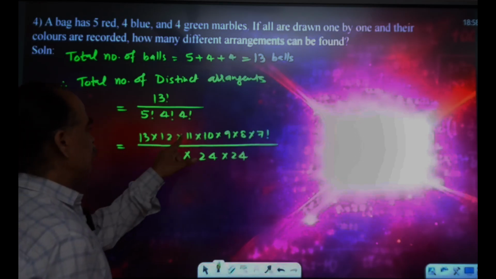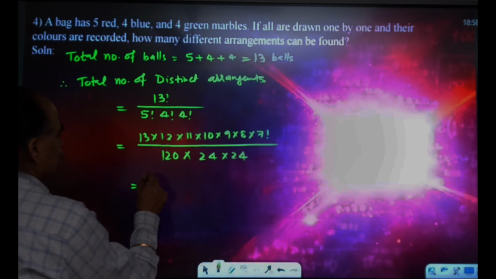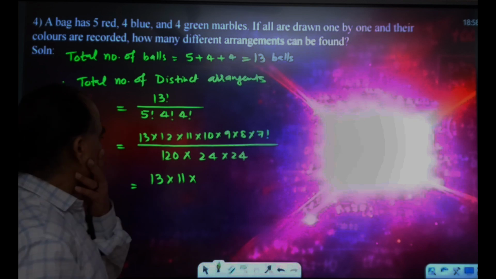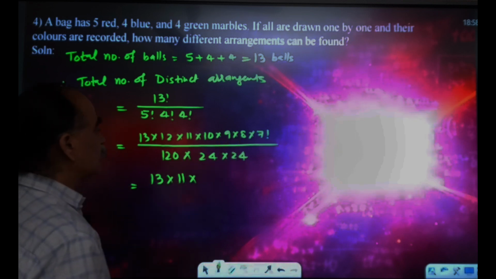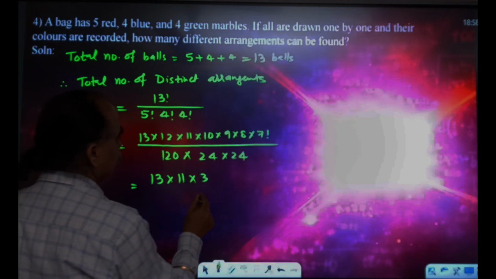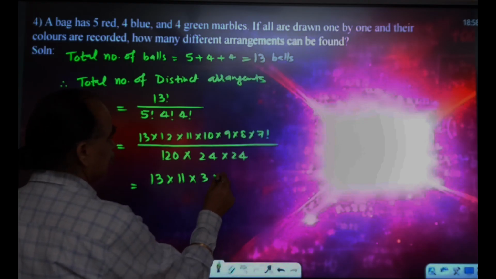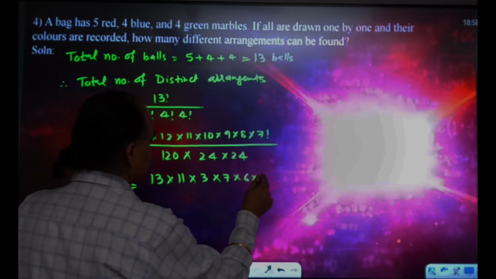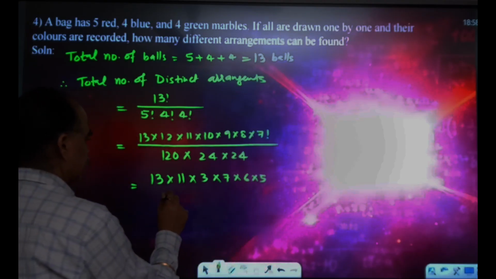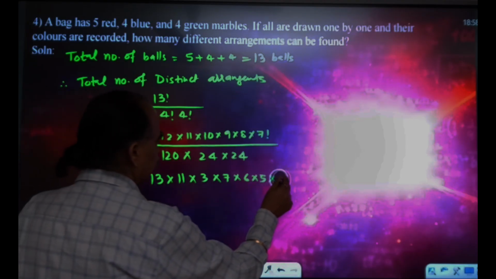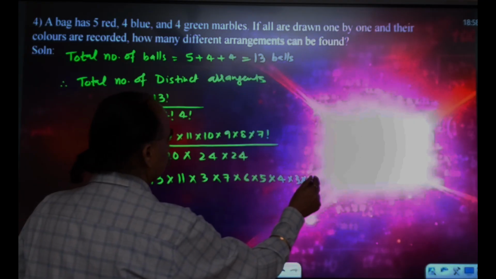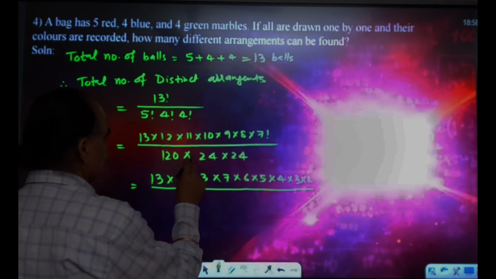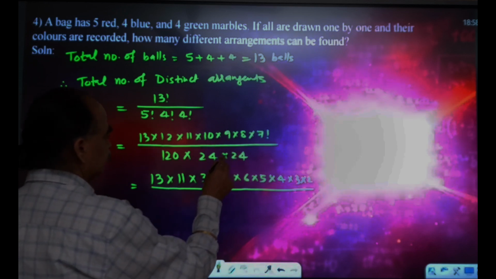So 12 and 10, 120 will get cancelled. So 13 is left, 11 is left, into 9 8 is 72, 24 3 is 72, into 7, into 6 into 5, into 4 into 3 into 2, divided by 7 factorial I wrote, 24, 3, now this 24 is left.